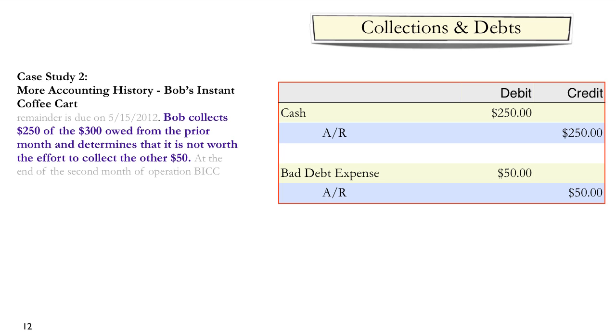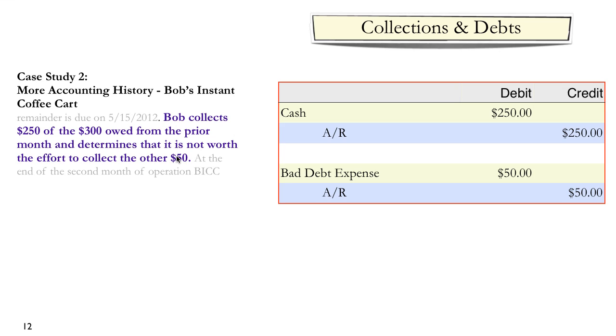In this transaction, Bob collects $250 of the $300 of accounts receivable created in the last month. Bob also determines that the remaining $50 is not going to be collected.